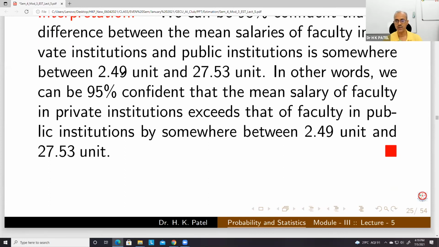This can also be interpreted like this. In other words, we can be 95% confident that the mean salary of faculty in private institutions exceeds that of faculty in public institutions by somewhere between 2.49 unit and 27.53. So just the same thing said in a different way.